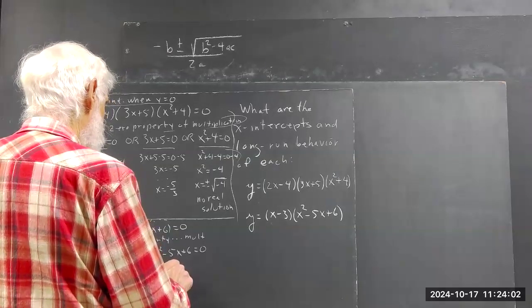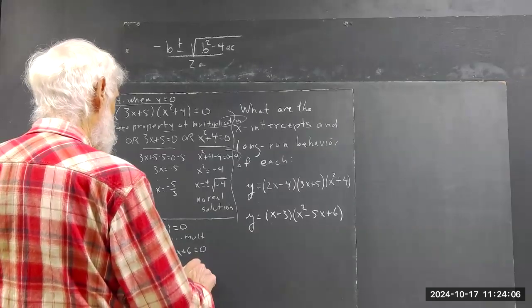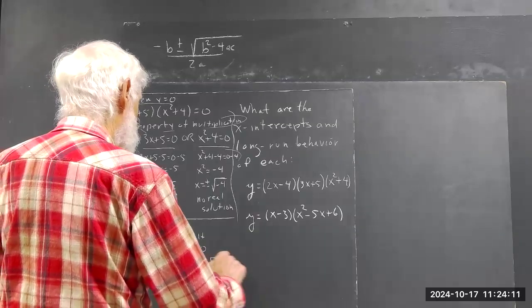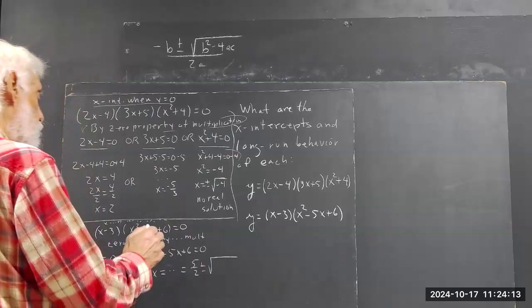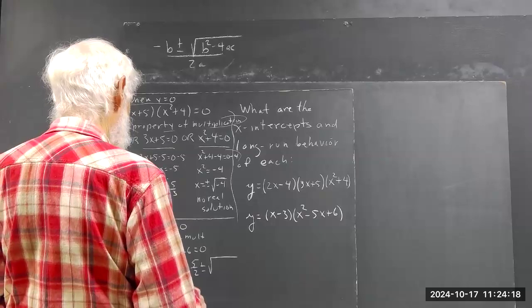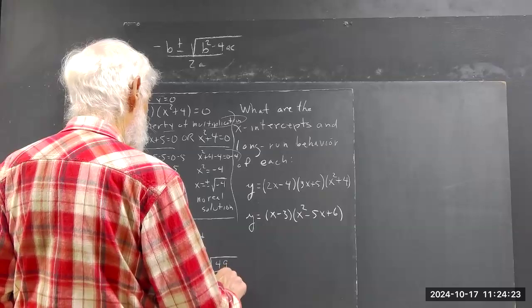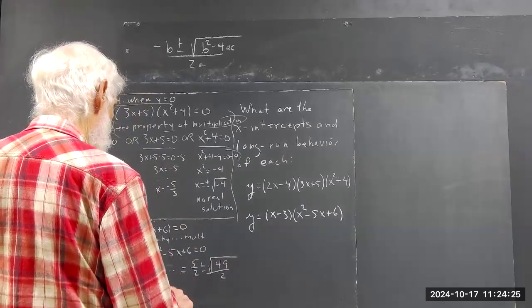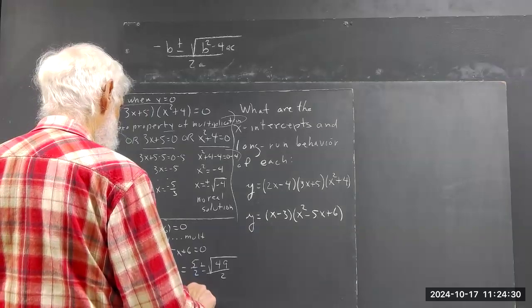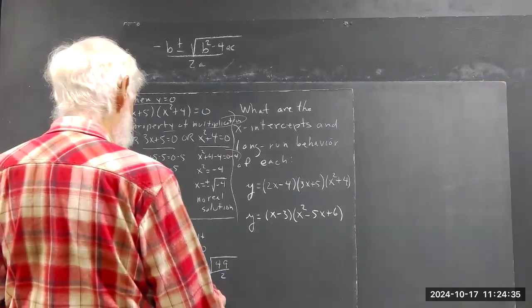Okay, anyhow, you fill in the quadratic formula, you get 5 halves plus or minus the square root of, well, b squared is 25, so that'd be square root of 49 over 2. And square root of 49 is 7, that's 7 halves.